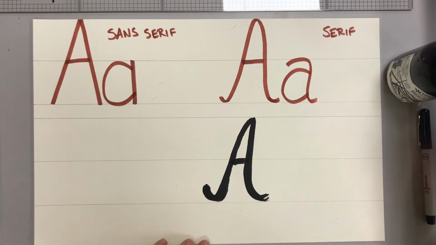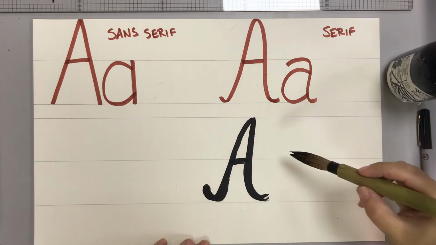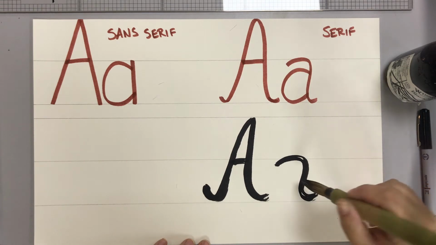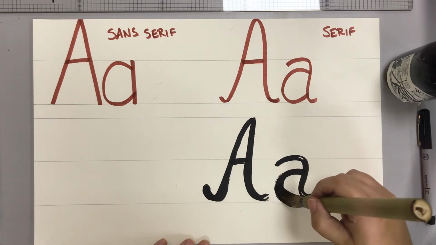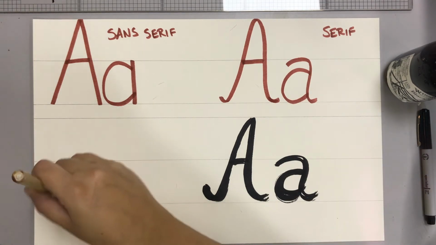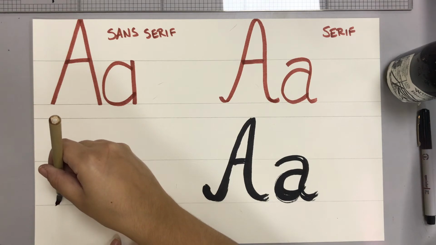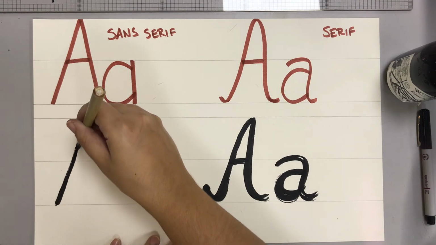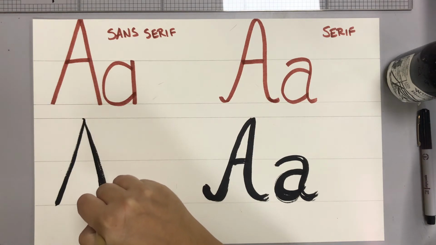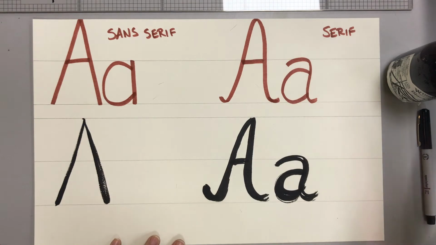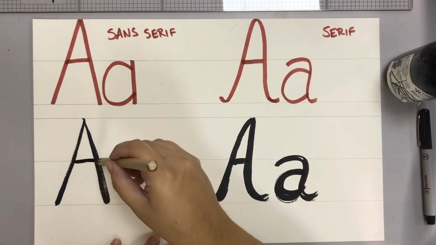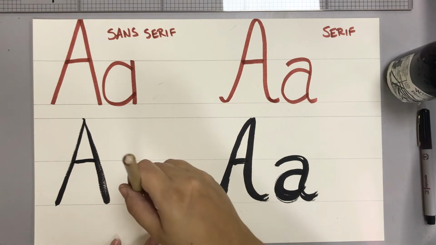So here I'm doing it with a serif A, both upper and lowercase, and I'll do the same thing with a sans serif. The line weight alone helps improve the sans serif and making it a bit easier for you to read, as you can see here.